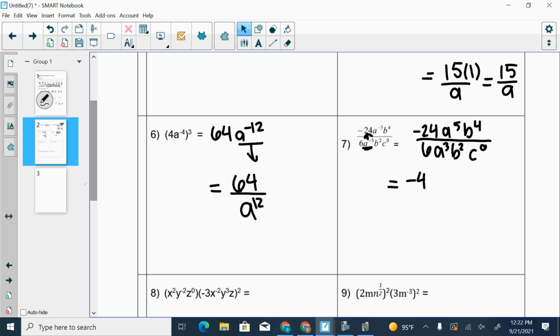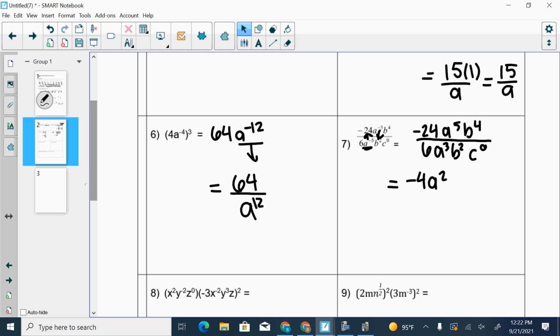We moved it to the top because it was negative, and we moved that one to the bottom. Okay. What did you say we would get? When we subtract 5 minus 3, a to the second, very good. All right, b, what am I going to get there? 2.